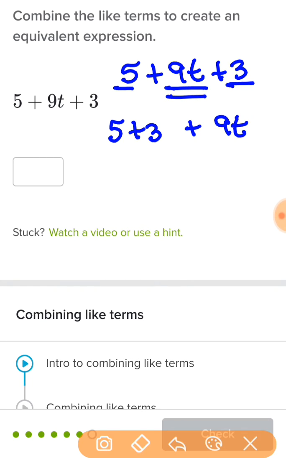And so now, 5 plus 3 will give me 8 plus the 9t. And so now, since 8 and 9t are not like terms, they don't both end in t, and they aren't both constants, I can't do anything with that, so I'm done, and my final result will be 8 plus 9t.